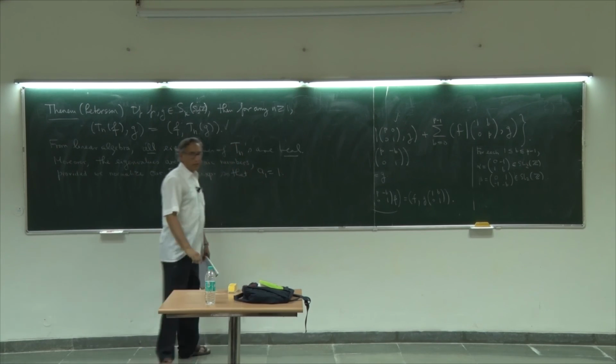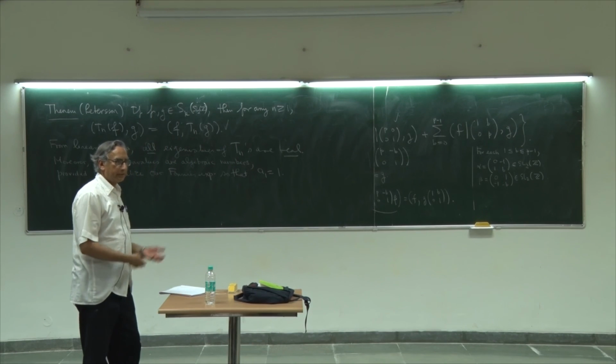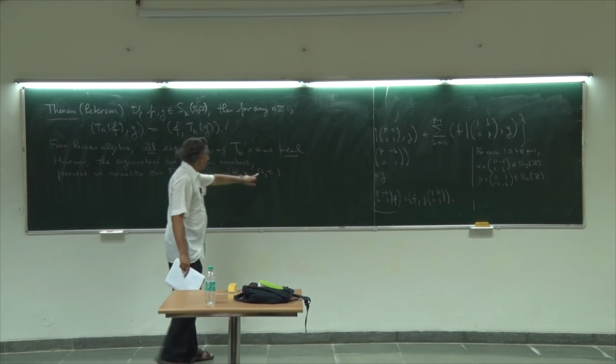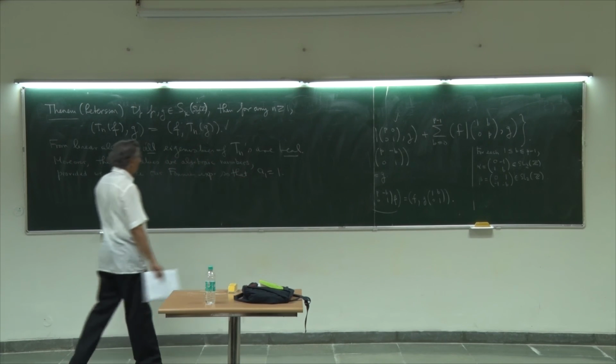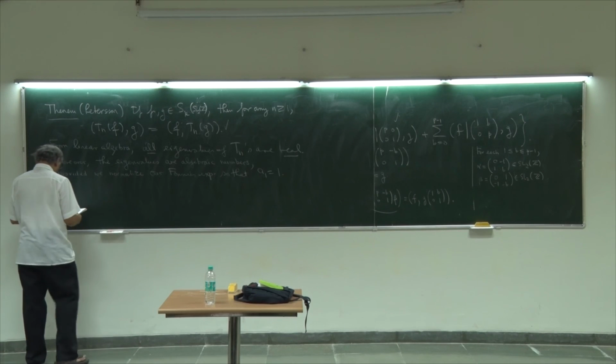So we normalize. I mean, if you take an eigenfunction, any scalar multiple is still going to be an eigenfunction, so you have to fix something, normalize it, so that the lead coefficient is 1.